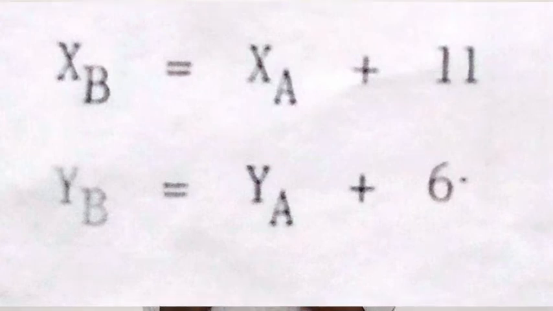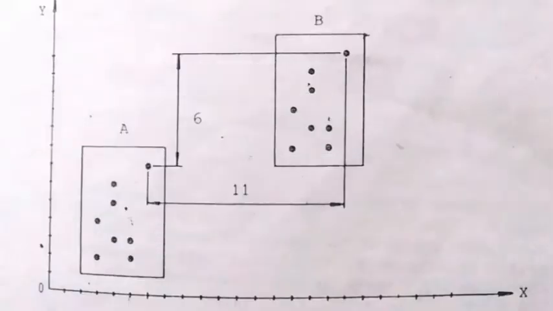That means 11 coordinate points can be shifted to do the task. And second case, YB is YA plus 6. So 6 units in the Y direction to get the new task point to drill that particular point in the station B plate.